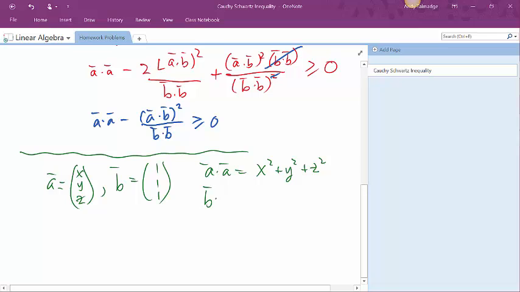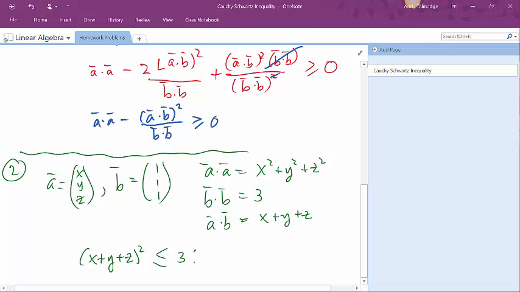B dot B is 1 squared plus 1 squared plus 1 squared, which is 3. And then A dot B is x plus y plus z. And so the result is a fairly famous inequality: A dot B squared is x plus y plus z squared, and that has to be less than or equal to 3 times x squared plus y squared plus z squared.